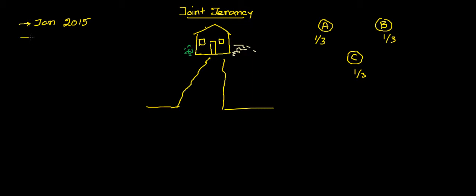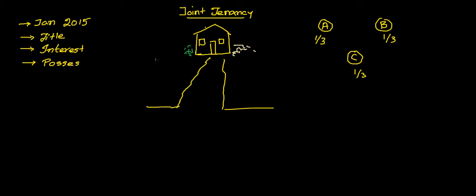They have to be written in their title, and they should have equal interest, meaning 1/3 of the property each. They also have to possess the property in order to be part of the joint tenancy. So think about it, they are all equal, and they're staying there.